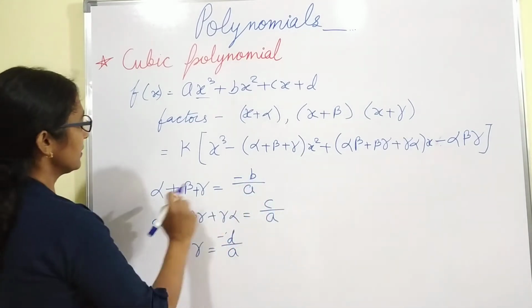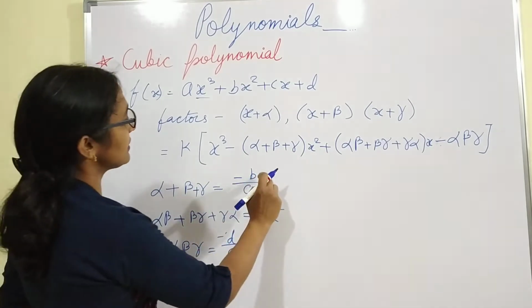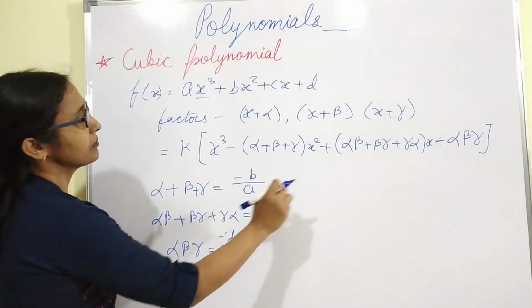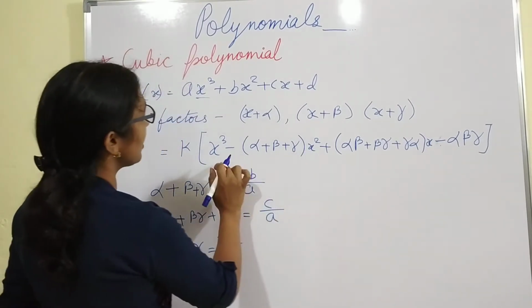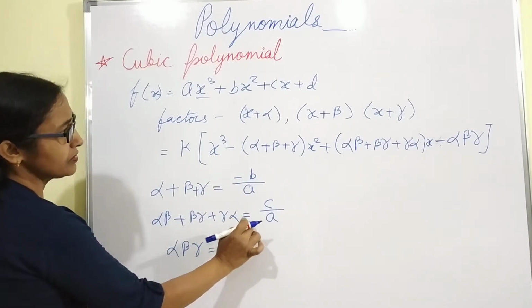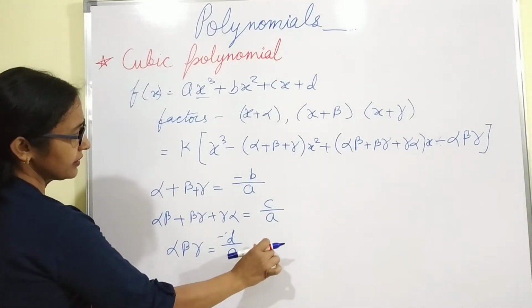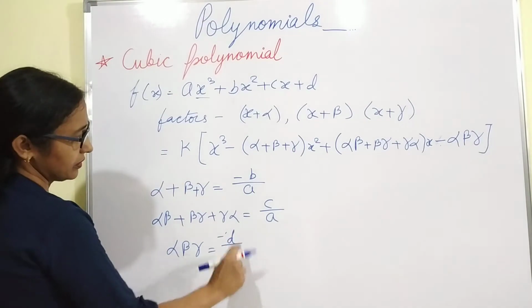That means the sum of the zeros is the coefficient of x square upon the coefficient of x cube, the sum of the product of zeros is the coefficient of x upon x cube, and the product is minus d upon a.